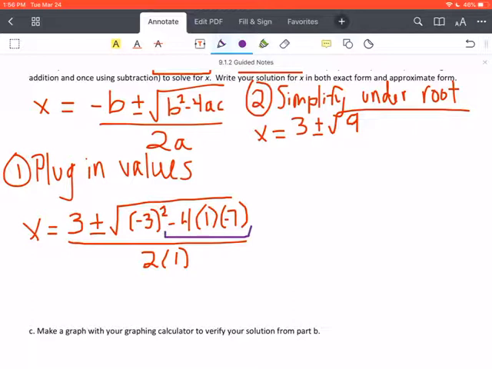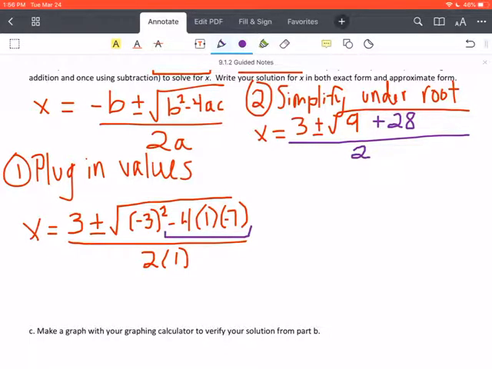Well, negative 4 times 1 is negative 4, and then negative 4 times negative 7 is positive, now look how I'm writing it, 28. If when I multiplied the 3 numbers, including the negative on the 4, I got a negative, I would write negative instead of the plus sign. And then 2 times 1 is 2. We can go ahead and do that as well.